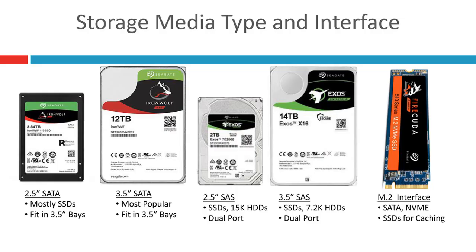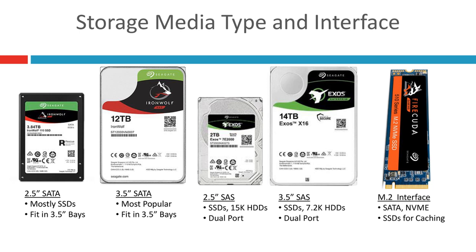All right. The next consideration when you're designing a solution is the storage media type itself. Since all the NAS vendors, for example QNAP, are diskless units, they don't come with the disk at all. You're going to have to decide which hard drive or SSD you're going to use.